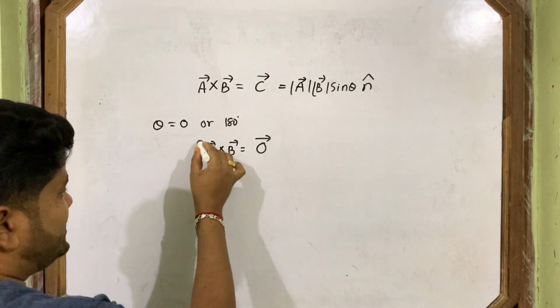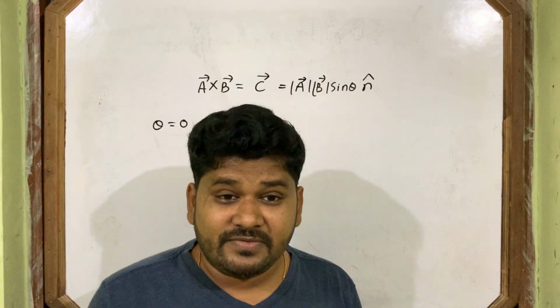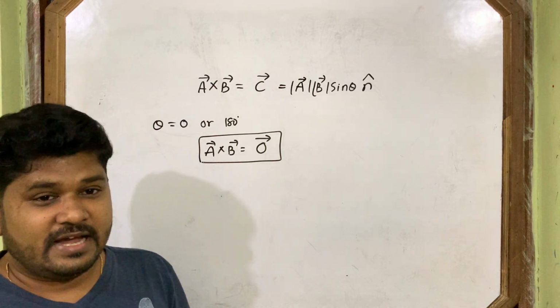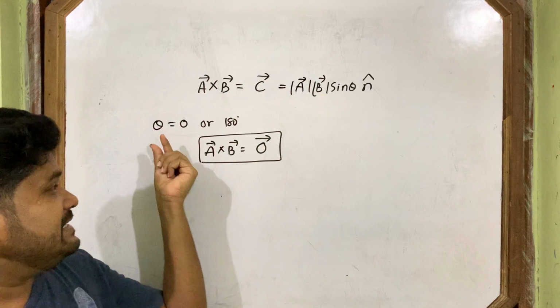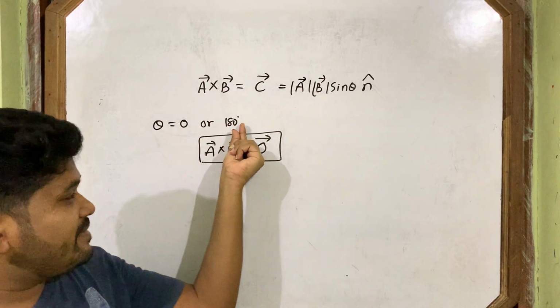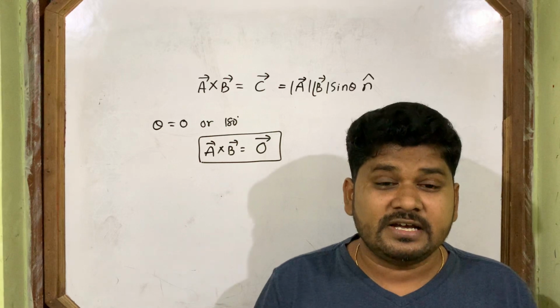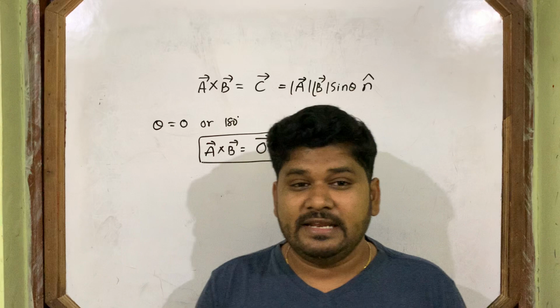This is the condition of what? If the cross product is equal to 0, then the angle between these two vectors is either 0 or 180, meaning they are either parallel or antiparallel. Parallel or antiparallel combined are called what? Collinear.